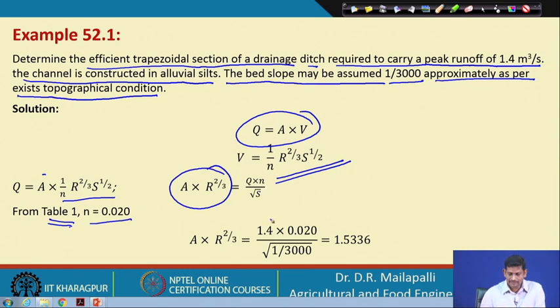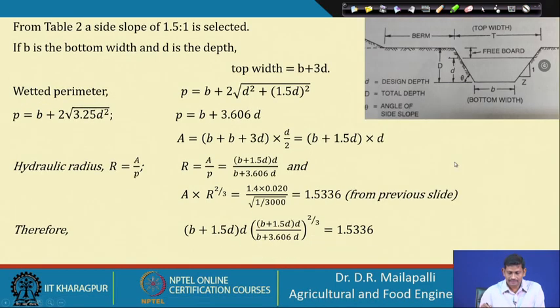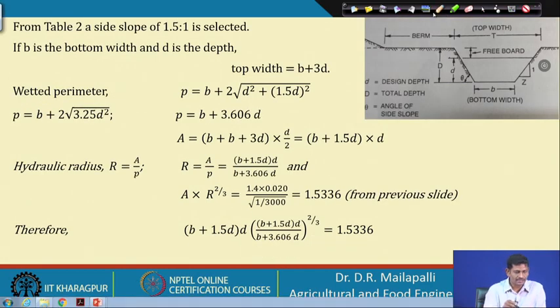Substituting the values of Q and n, you get A R power 2 by 3 is 1.5336. We will carry forward the remaining calculations from table 2 in the next slide.